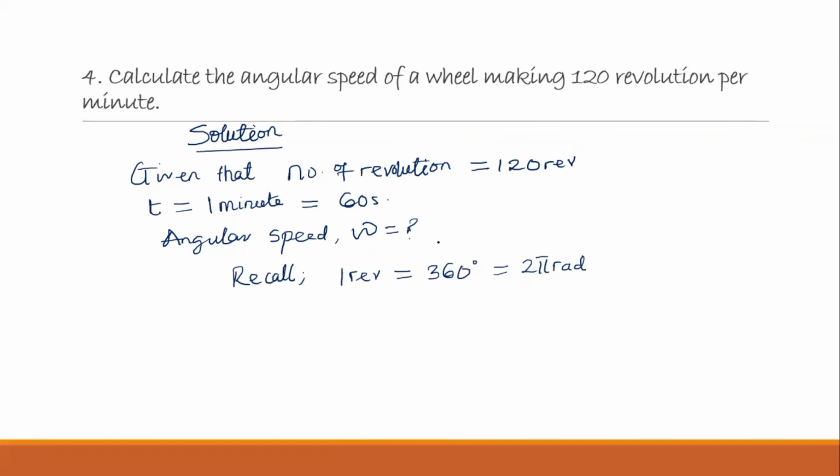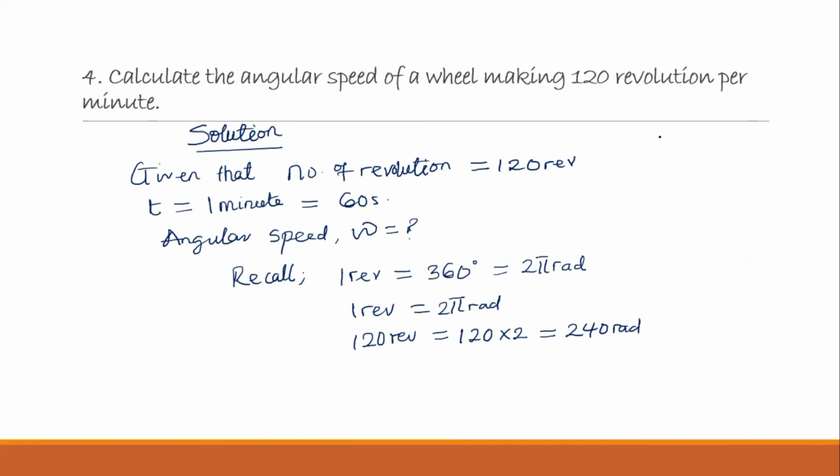Rad per second. So if we have 1 rev equal to 2 pi rad, then 120 revolutions will be equal to 120 times 2 pi, which will give us 240 pi rad. I hope this is clear.